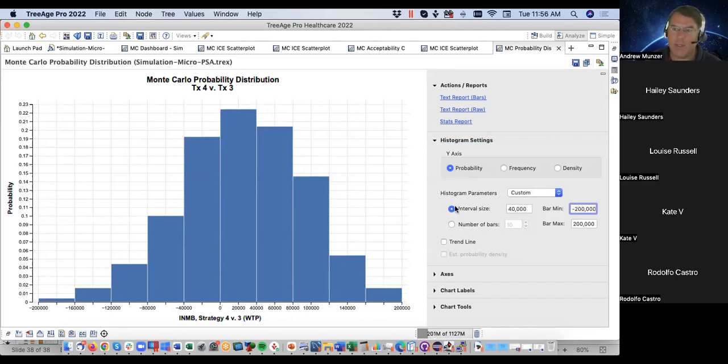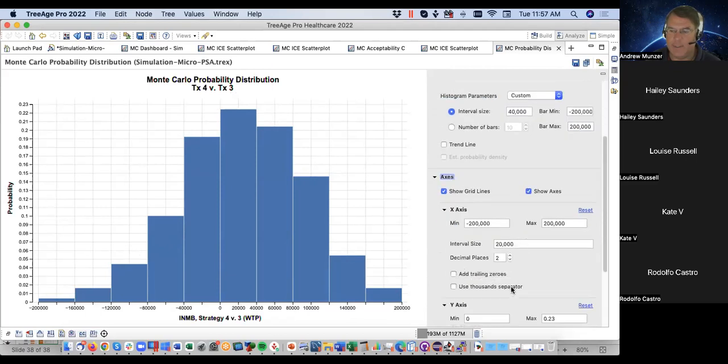So I'd probably change the axis to also be 40,000 with, let's say, no decimal places. And now it's starting to look a little better. We can't always predict what the data is going to look like when we draw it. So you need some ability to make them more appealing and more compelling to your audience.